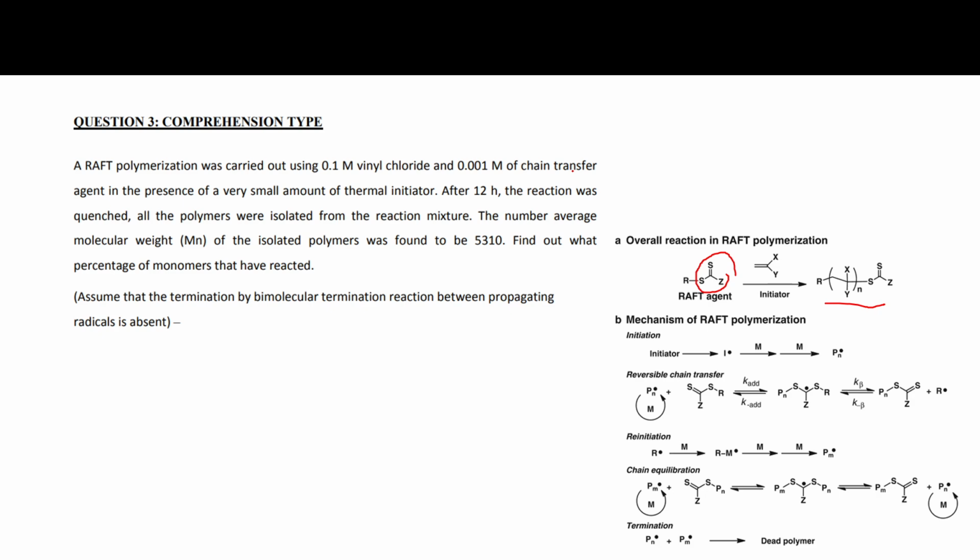That comes into your molecular weight calculation or degree of polymerization calculation. Here the RAFT agent is given as 0.01 molar and your monomer is given as 0.1, so you have to divide these two to get the degree of polymerization.